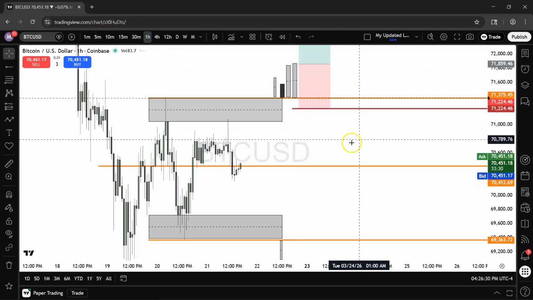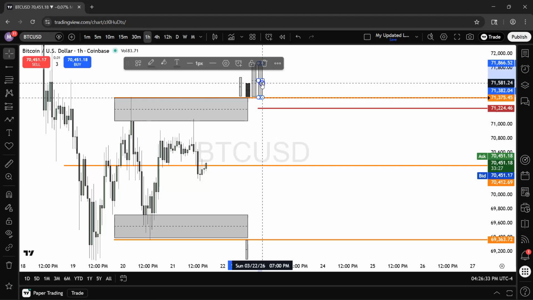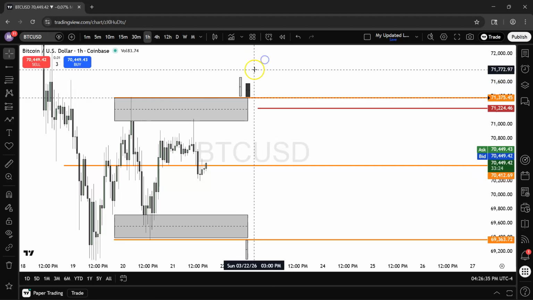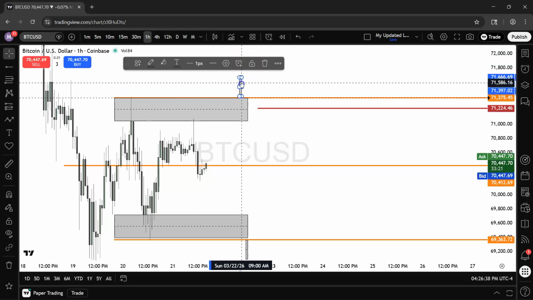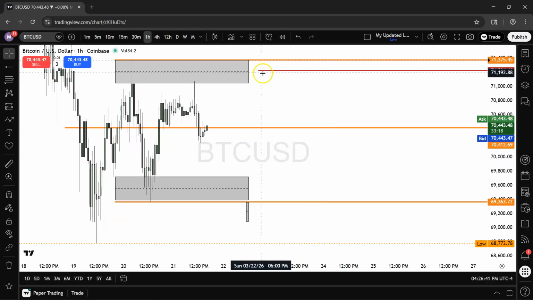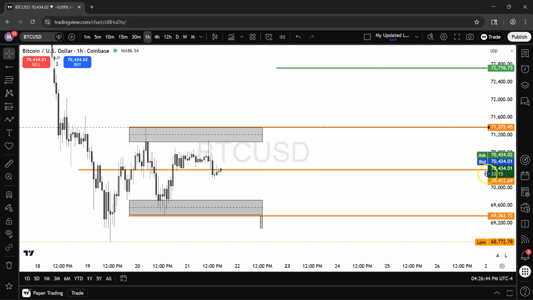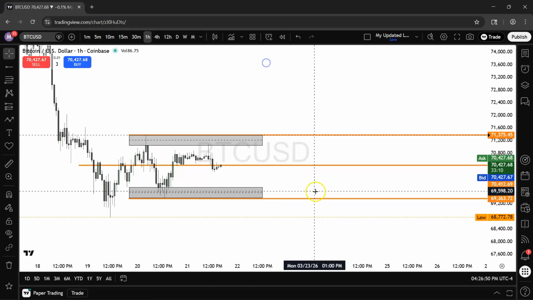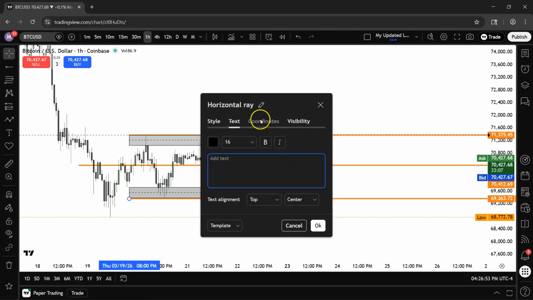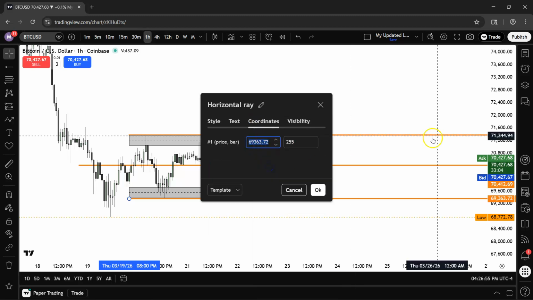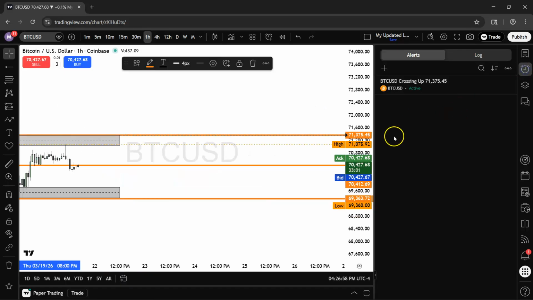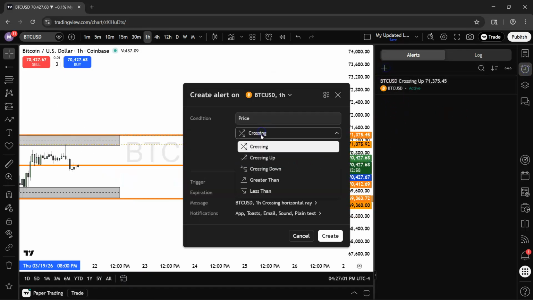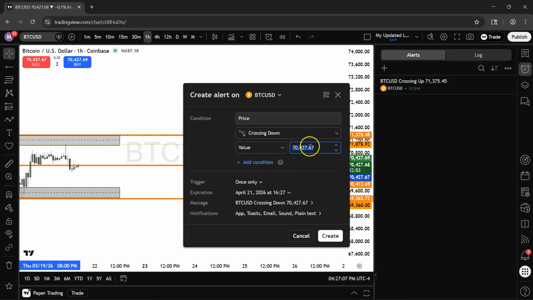Let's go back to the 1 hour, because I forgot to set an alert to remind me for when the market is trending lower. So I'm going to double tap my orange line on the bottom, get its coordinates, copy and paste it into the alert section, crossing down, and then I'm clicking value and pasting the coordinates right in there.